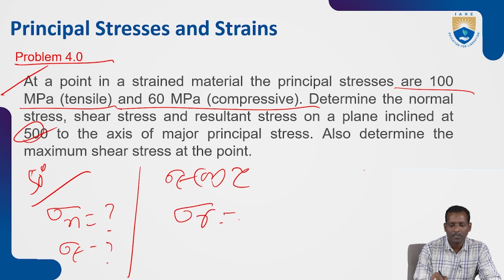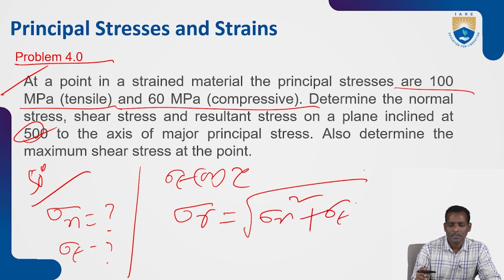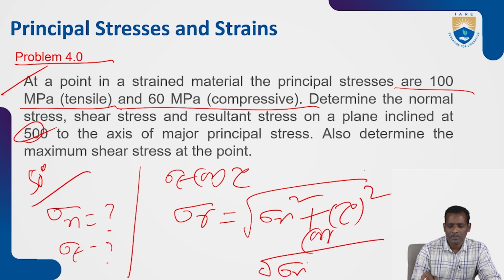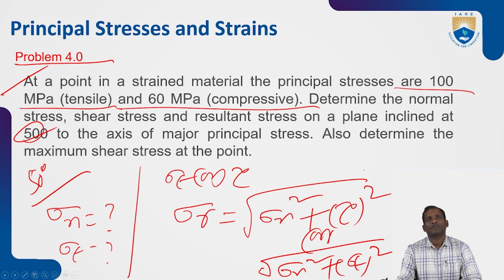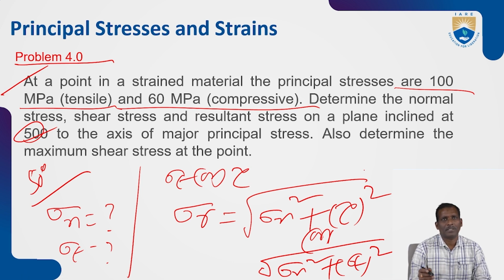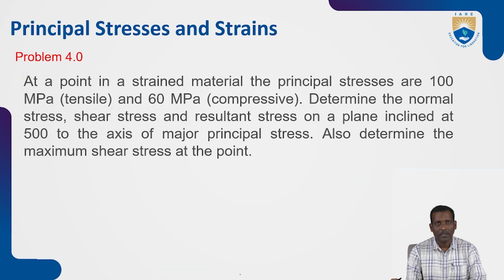So you know the resultant formula: sigma r is equal to the square root of sigma n whole square plus sigma t whole square. Also determine the maximum shear stress. The maximum shear stress you have to calculate.